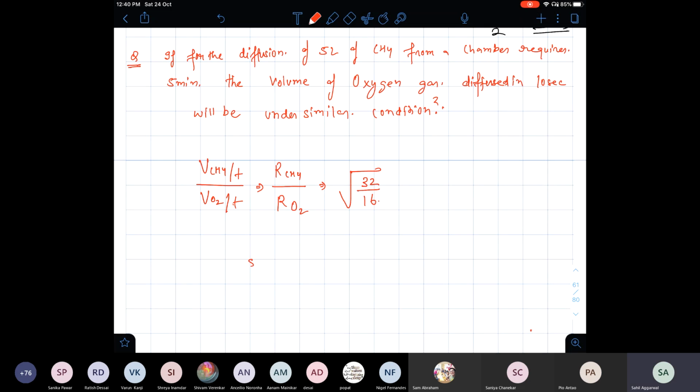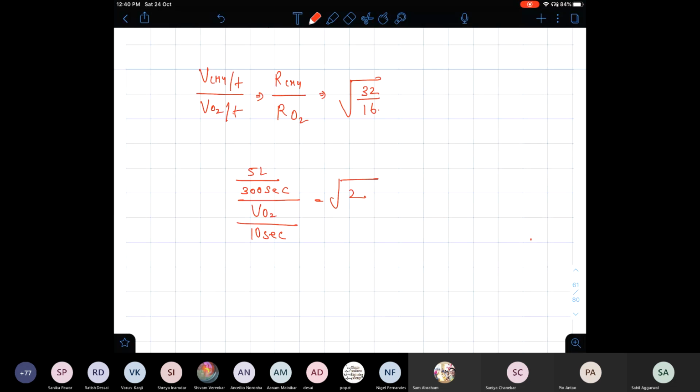Volume of methane given is 5 liters, time is 5 minutes, divided by volume of oxygen which we do not know, and time is 10 seconds, will be equal to root 2. So this becomes 5 liter divided by volume of O2 into 10 by 300 is equal to root 2.